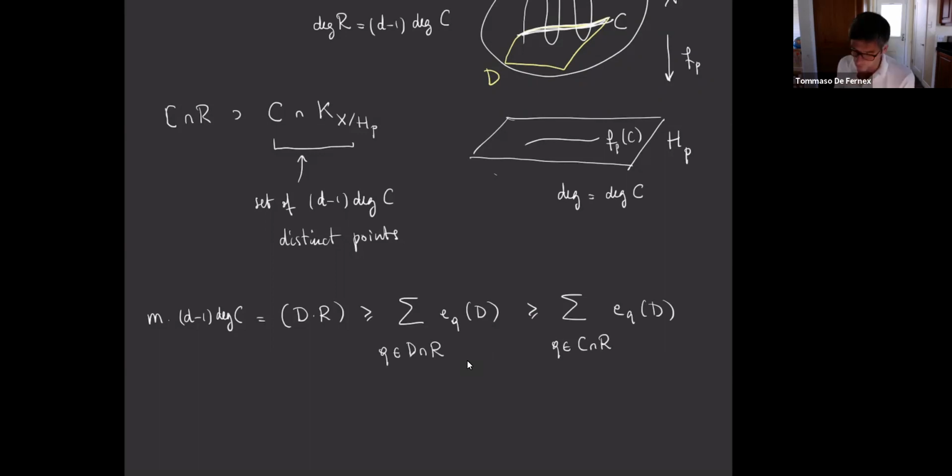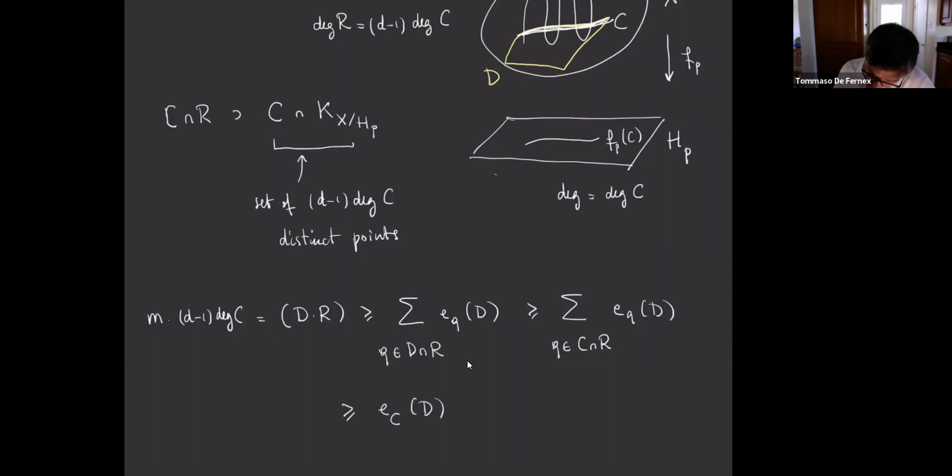But now it's certainly going to contain intersection along C. Okay, but now these are the points we understand, because I know that the multiplicity of D at C is bounded above by the multiplicity at each individual point in C. So this will be greater or equal than the multiplicity of D at the curve C times how many points are there.